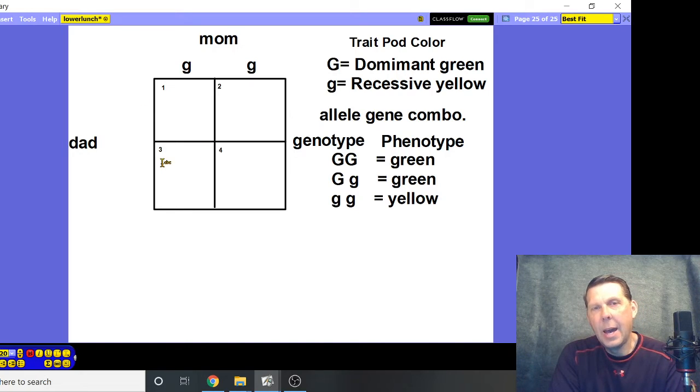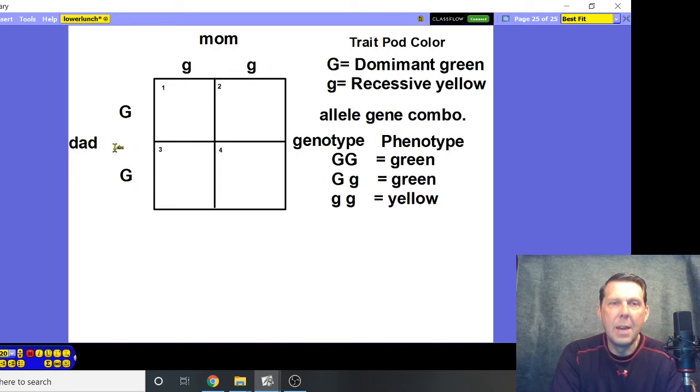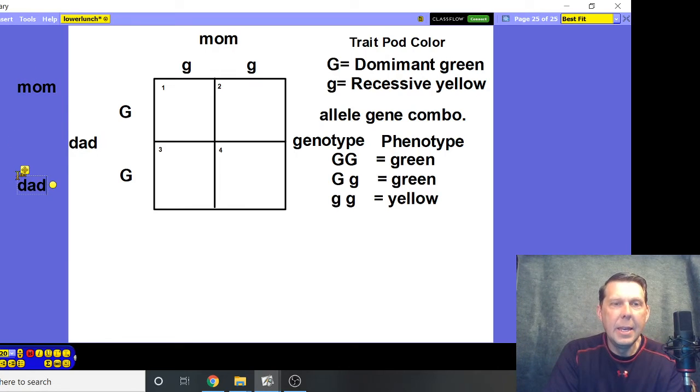So let's make dad capital G, capital G. He is definitely green because both of his genotype, his allele combination from his mom and dad, he inherited a capital G and a capital G here. So that's what he has. We'll get rid of these so you don't get confused.